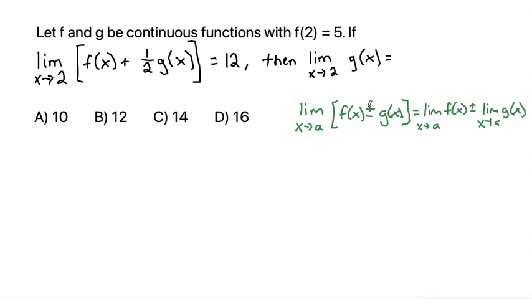So if it was plus here, it would be plus here. If it was minus here, it would be minus here. So using that idea, we can separate this problem into two limits.